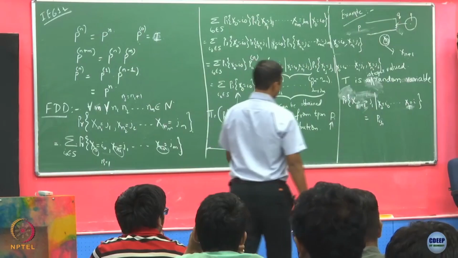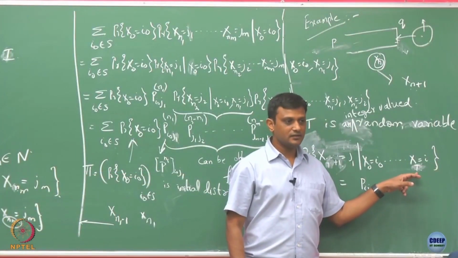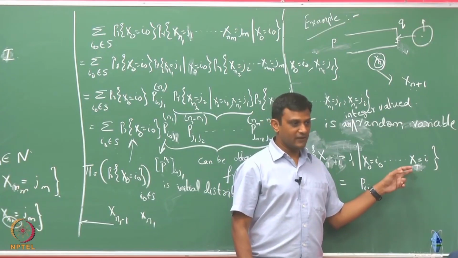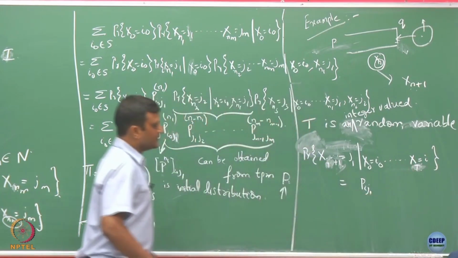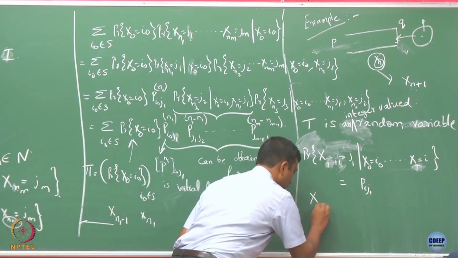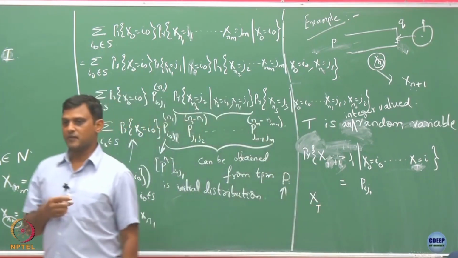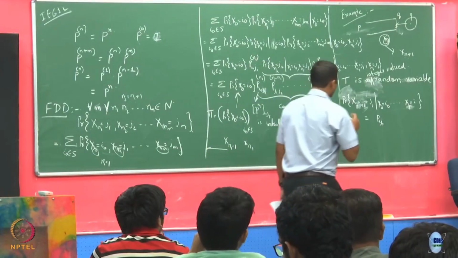Notice that when I make it random, this T could take any possible values that this random variable can take. So let us make this notation a bit clearer. How to interpret this term X_T?